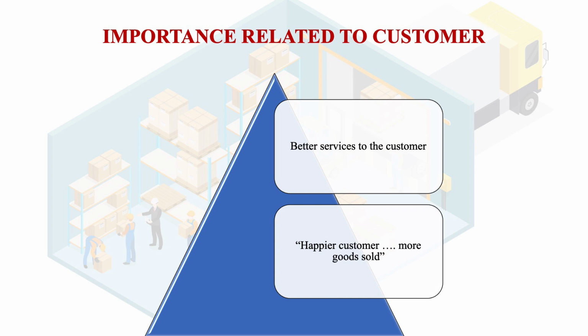Happy customer, more goods sold: if the customer gets the goods at a lower cost or better quality, the customer will be happy, and naturally he will purchase more goods in the market.